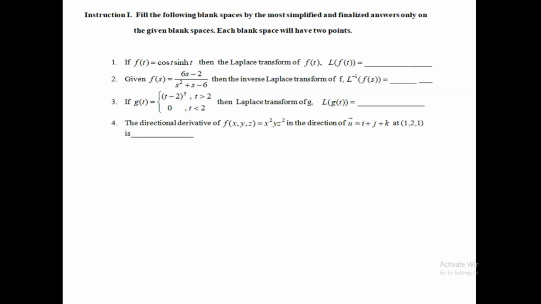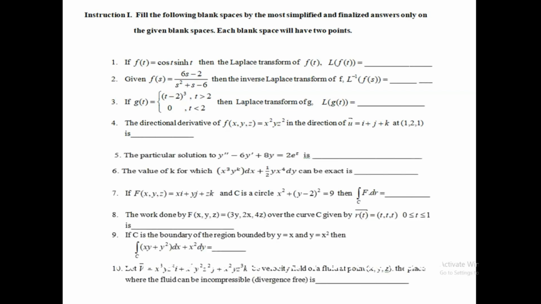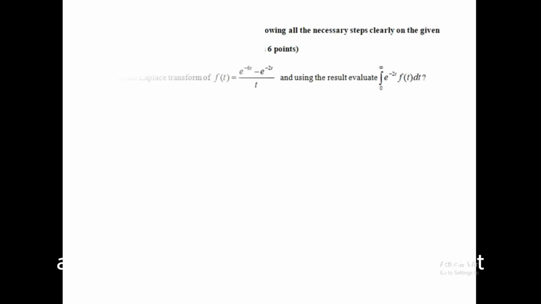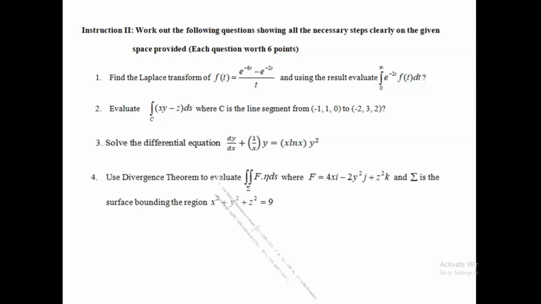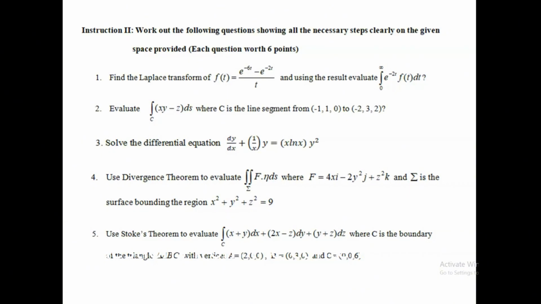One is the fill in the blank part, and the other is the workout part. In the fill in the blank part there are 10 different questions, as you see, and we are going to see how we can find the solutions. The workout part has 5 different kinds of questions from the contents of the course, and I am going to show you how these can also be done.